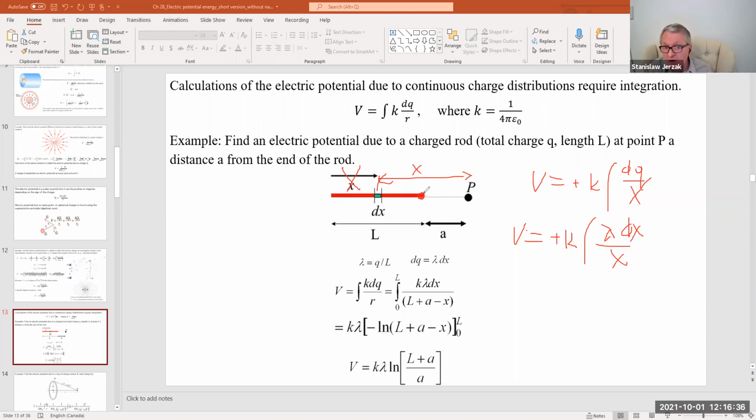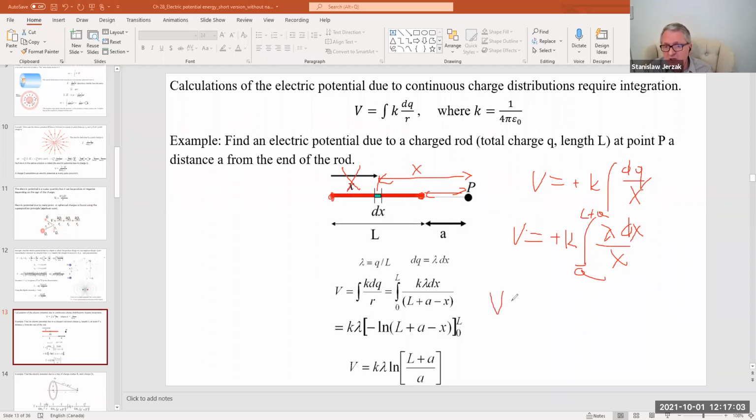It would be equal to a, because this distance is a. So the limits of integration would be from a to the largest value of x, when the element is at this end, and then x would become L plus a. So L plus a would be the upper limit. Okay, so that's how you would set up the integral if you designate this distance as x.